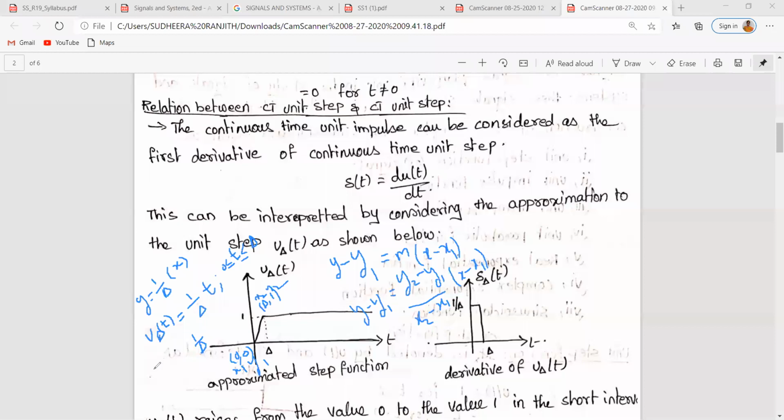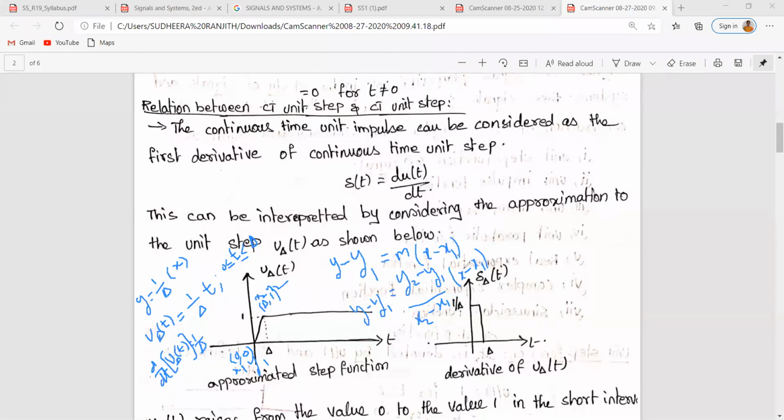If we take the differentiation of this signal from 0 to delta, its value is 1 by delta.